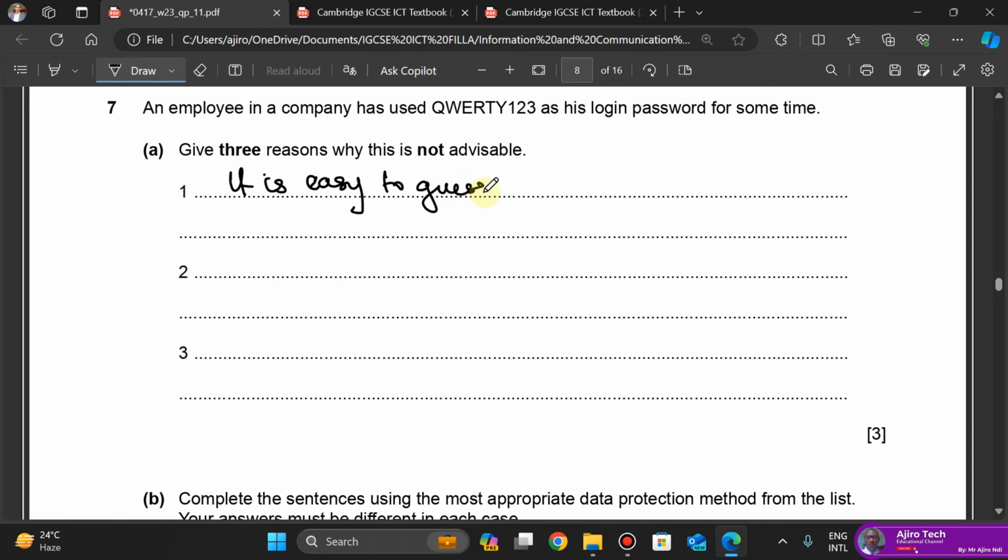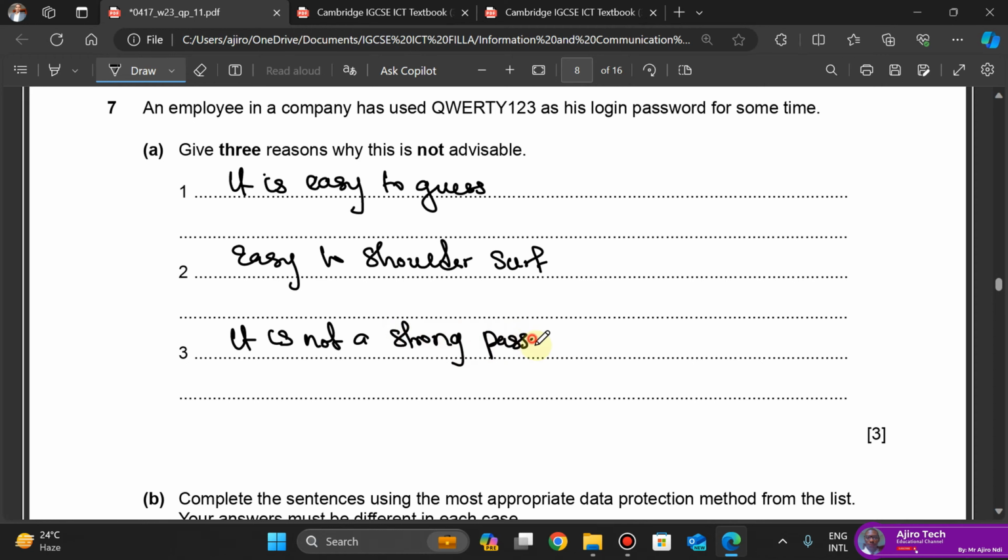And people can shoulder surf, right? What we mean by shoulder surfing is people can just look at what you're typing and they can just get it. The password is not strong. It is not a strong password. So this is chapter 8 of the textbook.